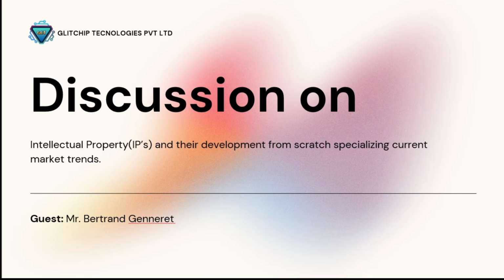Now, if someone is starting up, what skill sets and roles should a company hire for effective IP development? Which people do you need in your team? You will need an RTL architect for sure, a verification engineer too, a front-end engineer, a back-end engineer, and a DFT expert.